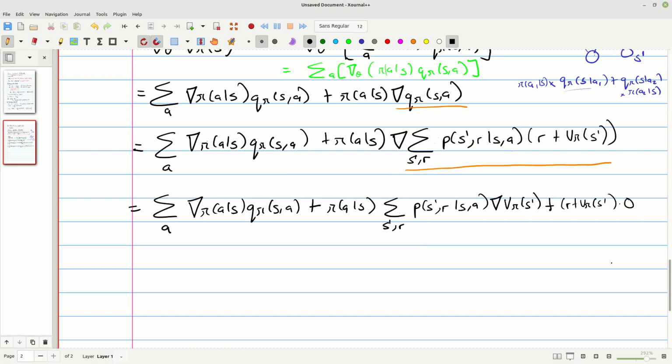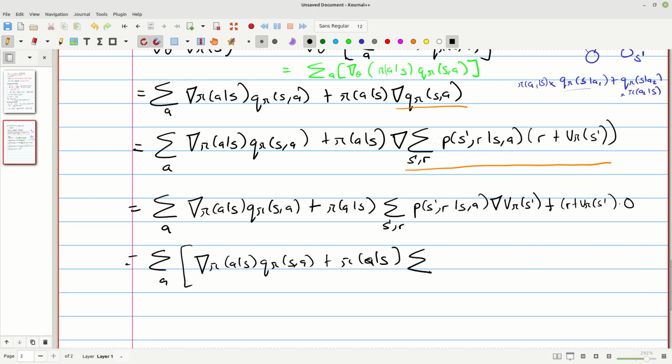Alright, so what we end up with is a summation over a of the derivative of pi(a given s) times q pi(s, a), plus pi(a given s) times the summation over s prime of the probability of s prime given s, a.